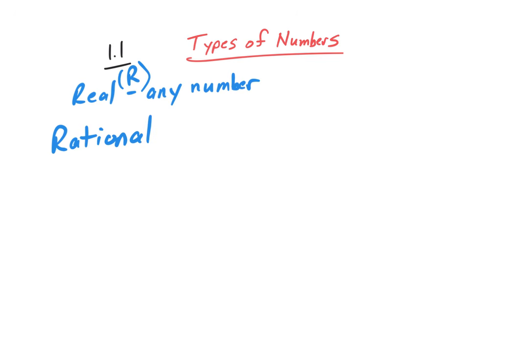A rational number is represented by the letter Q. Because we already used R for real number, we can't use R again, so we use Q. I imagine it's because it's so close in the alphabet to R. I don't really know why we use Q. Sometimes I get that question. It's just the letter that we've always used for rational numbers.